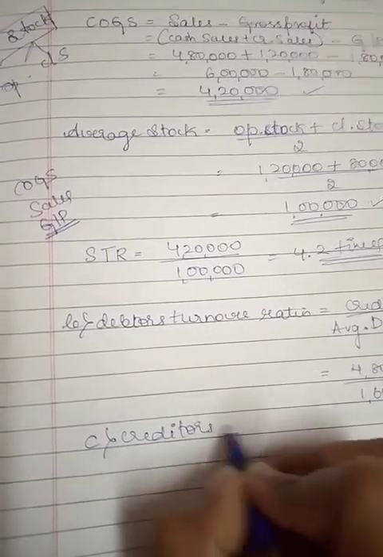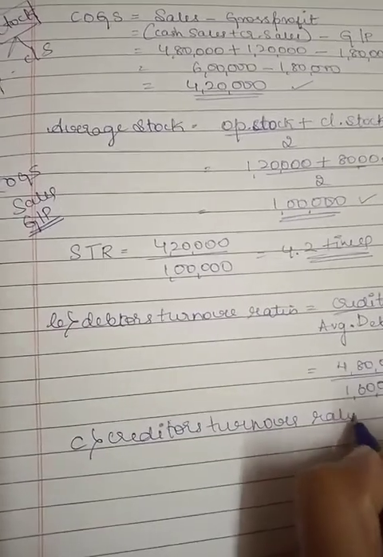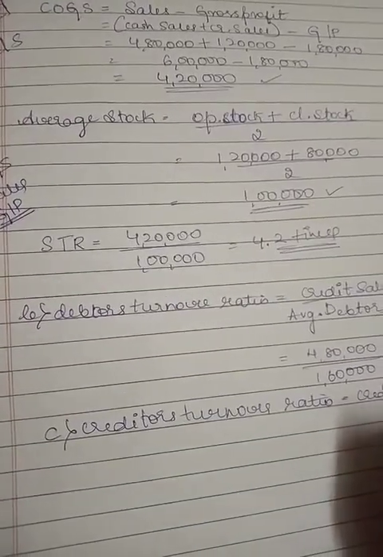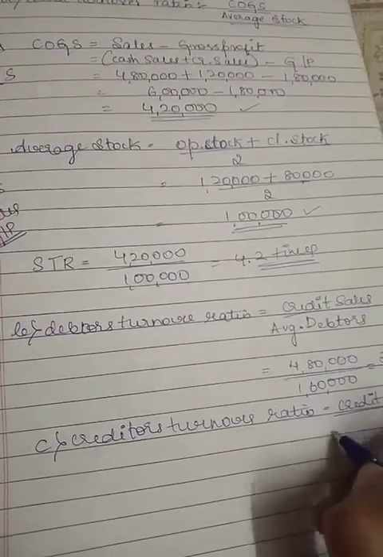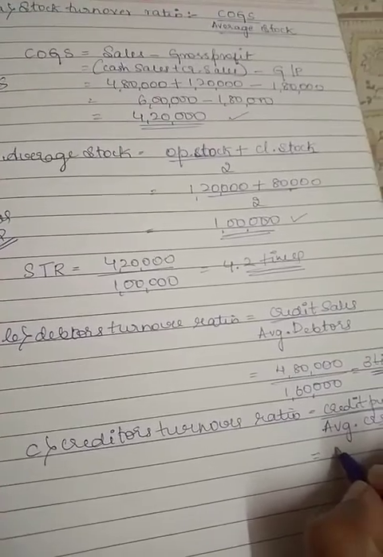creditors turnover ratio. The creditors turnover ratio considers the credit purchases, which is divided by the average creditors. So what are credit purchases?